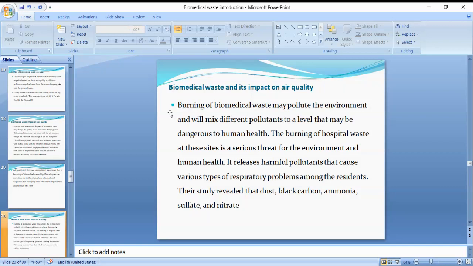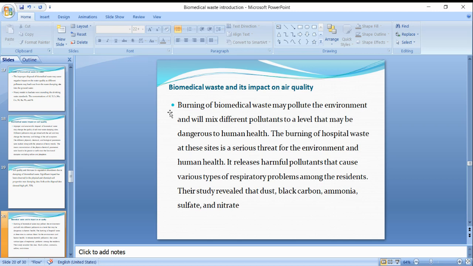Next, we can see the impact on the air quality. We have seen that we use the incineration process, which is nothing but the burning of the biomedical waste. Burning of the biomedical waste may pollute the environment and mix with different pollutants to a level that may be dangerous to human health.